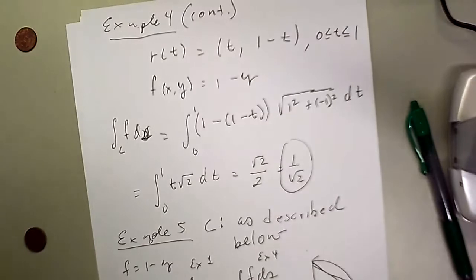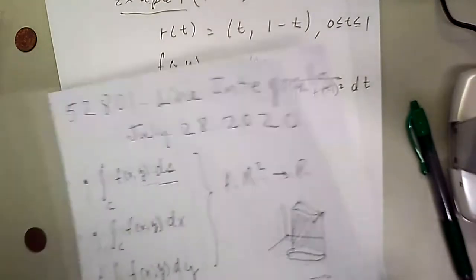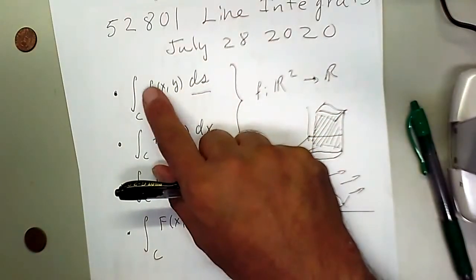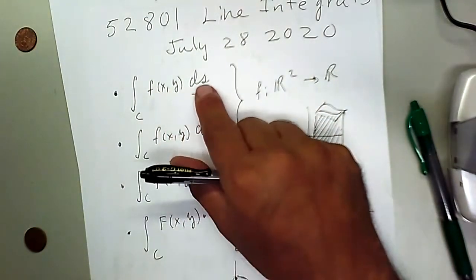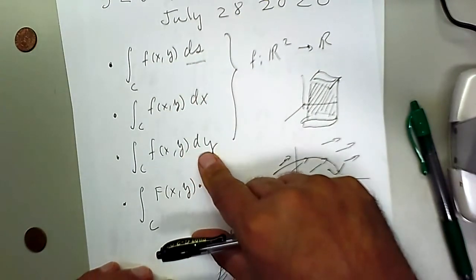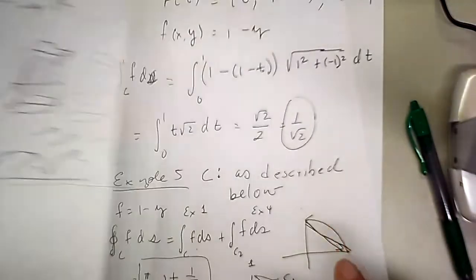So this is example 5, and that covers these 3 cases where we have an integral of a function of several variables with respect to the length, with respect to x, and with respect to y. We only did one example of those.